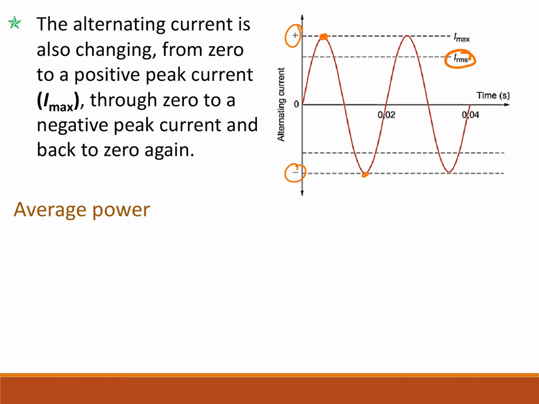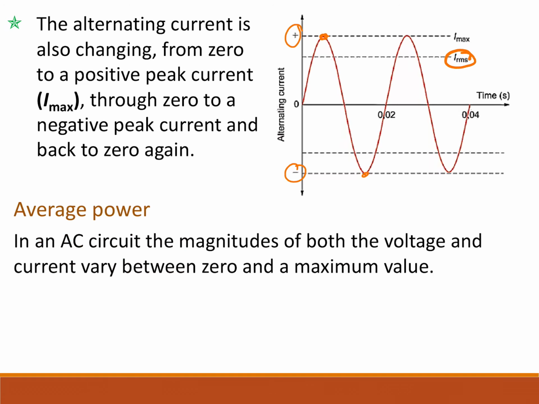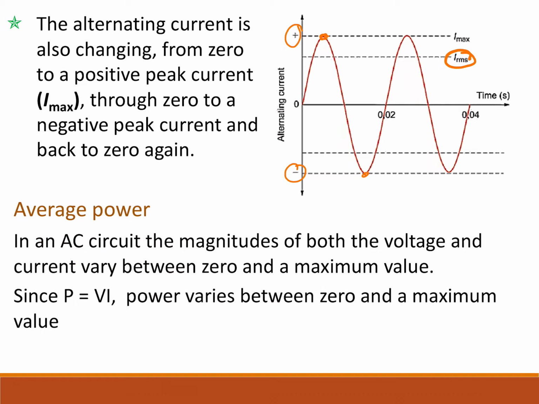When we get to power, though, average power is more useful for us than maximum because it's at the maximum for such a short period of time. But because power is voltage times current, you never get a negative power. You can't, because when current is positive, voltage is positive.